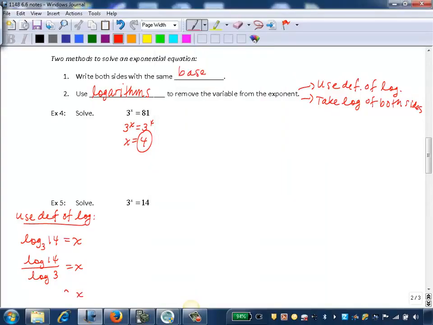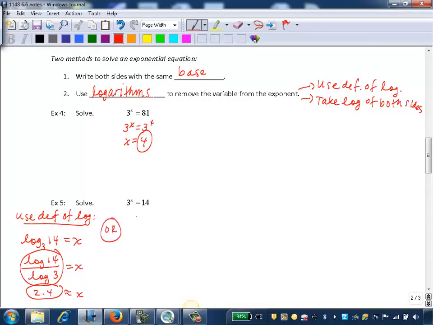So x is approximately 2.4. You may be asked to approximate to so many decimal places, or they may ask for the exact answer.